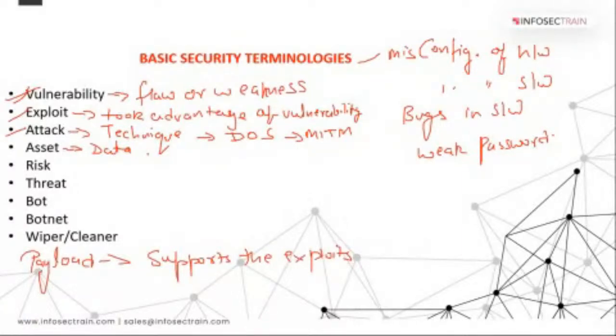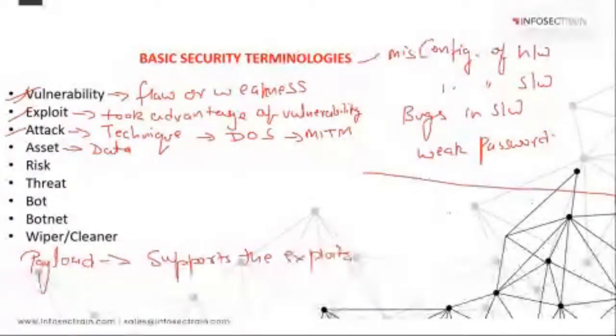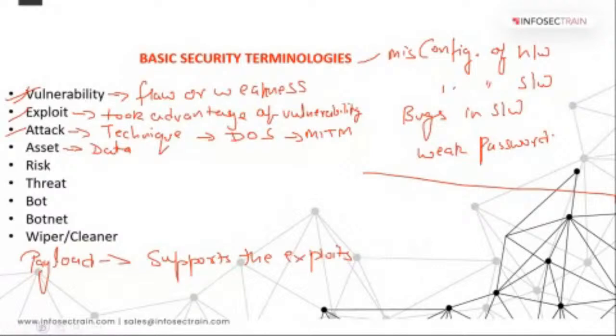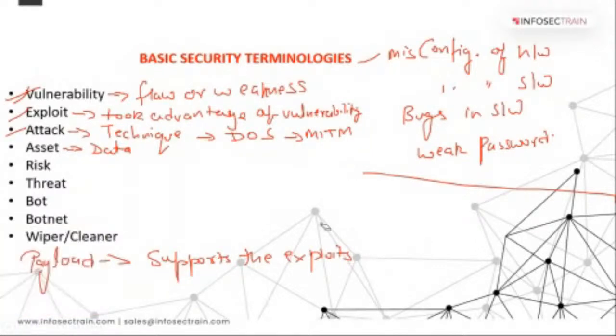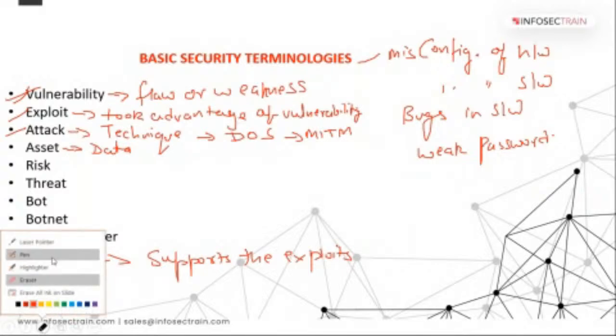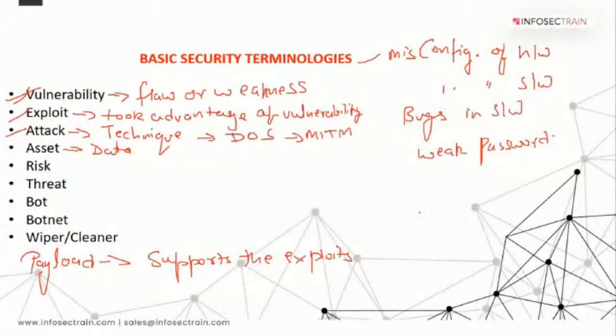Now there are two types of assets, guys. First is tangible and second one is intangible. Now, what are tangible and what are intangible?